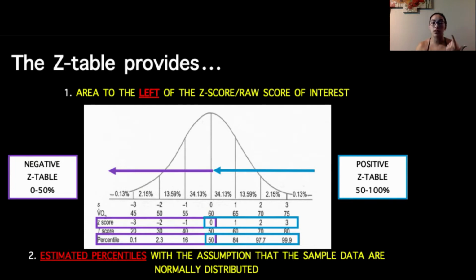Remember that those two calculations are going to be affected by extreme scores. So if you have an outlier either above or below the mean in any of your distribution or data sets that you're working with, that could skew the mean and standard deviation, and if not caught, can affect the estimated percentiles that you calculate. So that's why we say z-tables give us estimated percentiles. Using other methods to calculate percentiles would be methods for exact percentiles. But again, that's next week.